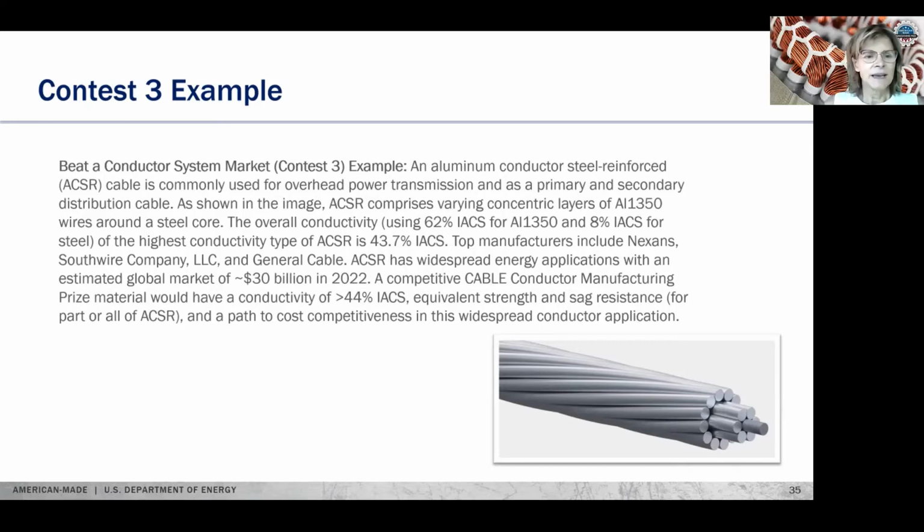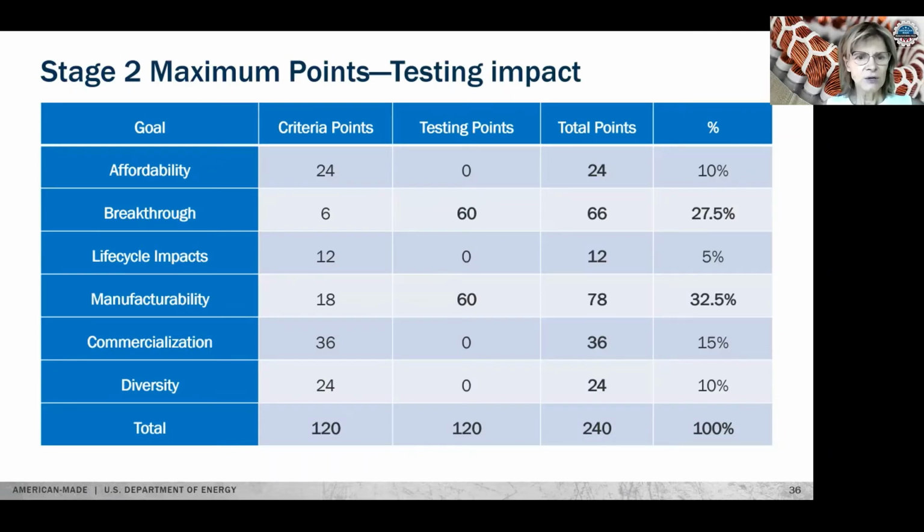Next slide, please. As mentioned earlier, tested conductivity values account for half of the points in this contest. This table, which you will see a lot of today, is how the testing points are allocated to the two most relevant prize goals, which are breakthroughness and manufacturability. Now, the relative contributions of breakthroughness and manufacturability will probably vary conductor to conductor.